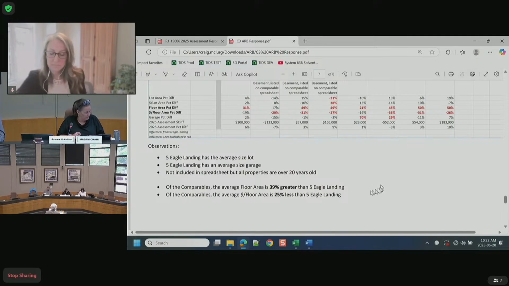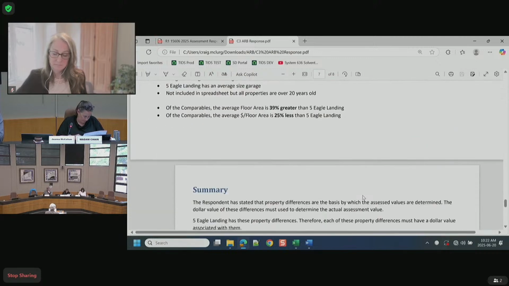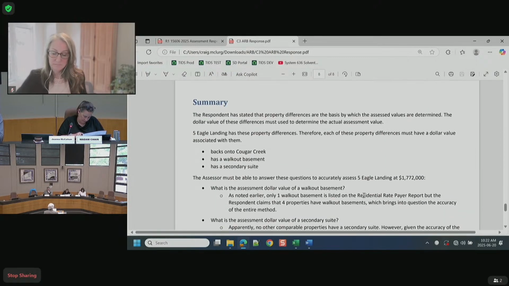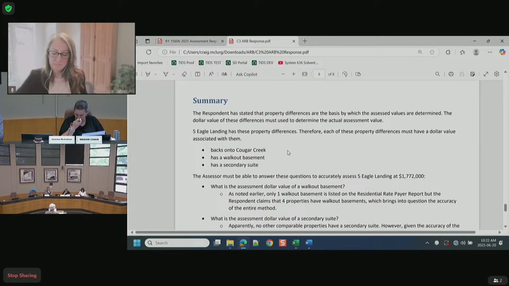The average floor area, again, is 39% greater than Five Eagle Landing, and the dollar per square foot average is 25% less. So to summarize, I have in my property these property differences. It backs onto Cougar Creek, it has a walkout basement, and it has a secondary suite.